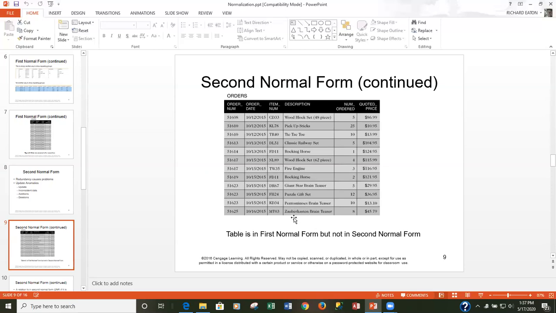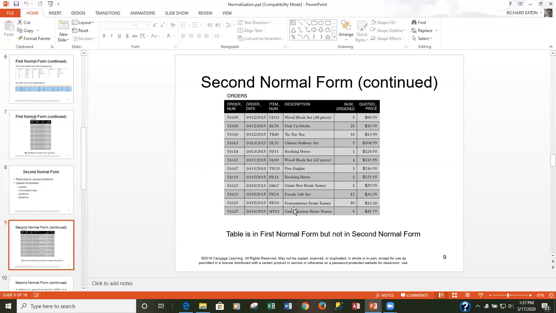Zauber Katzen brain teaser. I can't even say it. But can you imagine if you have dozens of order takers typing in this value into a table? What's the likelihood that they're all going to type it in exactly the same way?